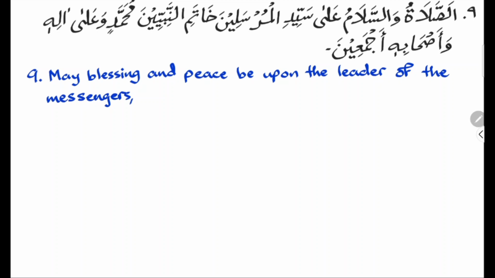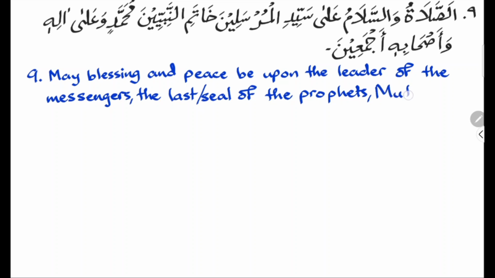Khatam is mudaf, an-Nabiyyin is mudaf ilayh, and an-Nabiyyin is the plural of an-Nabi, which is prophet. So Khatamin Nabiyyin, you could say the last, or the seal of the prophets. Muhammad sallallahu alayhi wasallam.